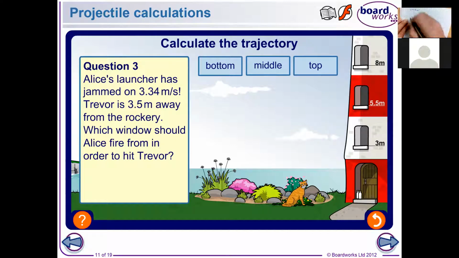We know the horizontal distance is 3.5 meters away, and we want to work out the vertical distance. We want to work out which distance will enable the water balloon to hit the cat. So let's do that.